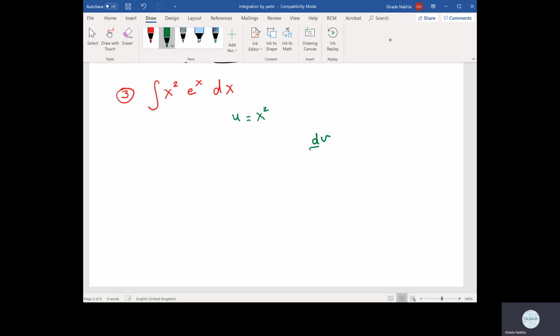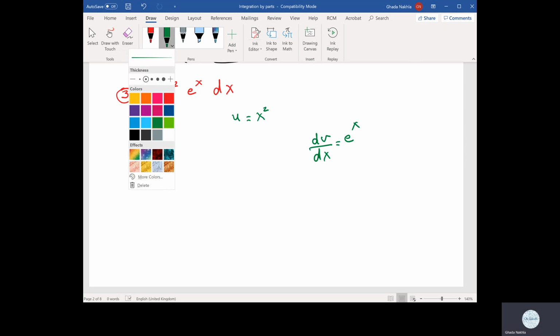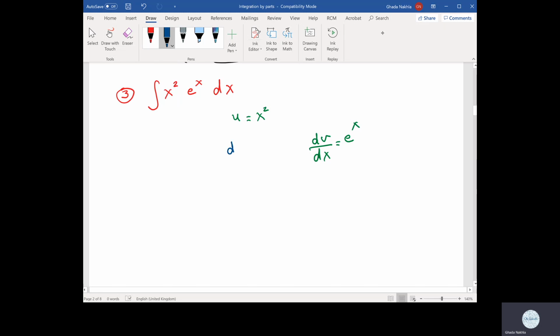Therefore, dv by dx has to be the other term, and the other term is e to the x. And then the next step is to differentiate and integrate. So I'm going to find du by dx. When you differentiate x squared, you get 2x.